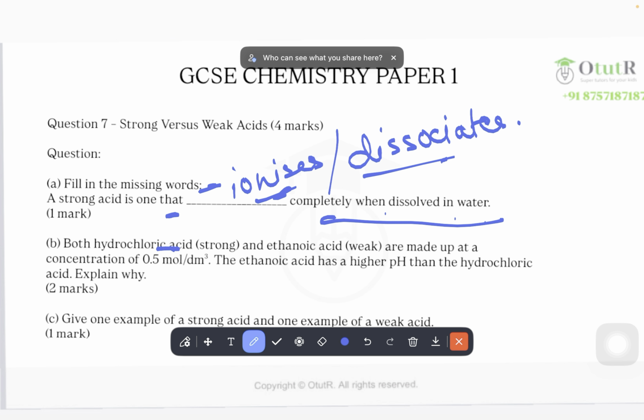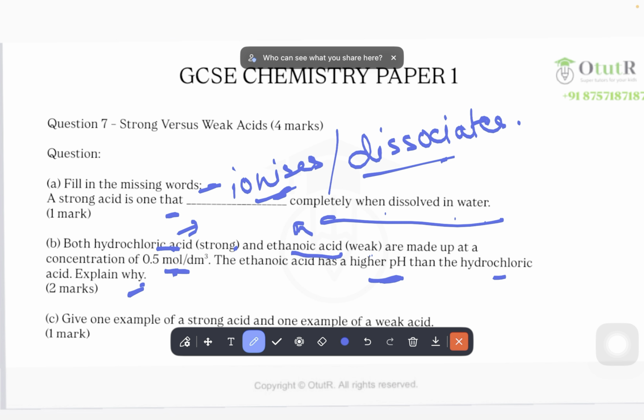Both hydrochloric acid, which is strong, and ethanoic acid, which is a weak acid, are made up at the concentration of 0.5 mole per decimeter cube. The ethanoic acid has a higher pH than the hydrochloric acid. Explain why. Over here we have a strong acid and a weak acid. If both are made up at the same concentration, why does ethanoic acid have a higher pH?